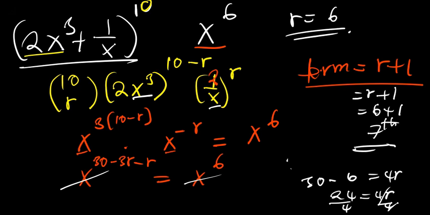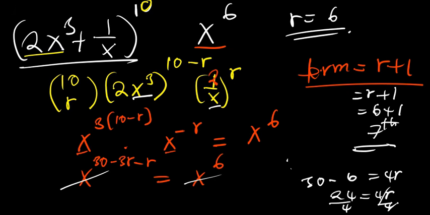It is very important for us to understand the question. Now the question is saying, find the term involving x to the power 6. The question is not saying find the coefficient of the term involving x to the power 6.